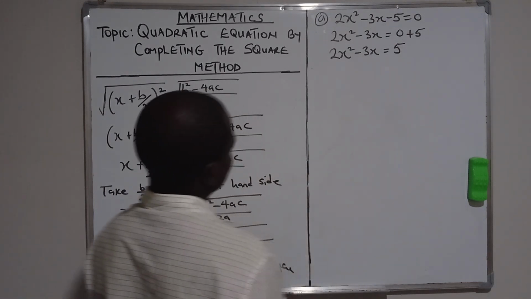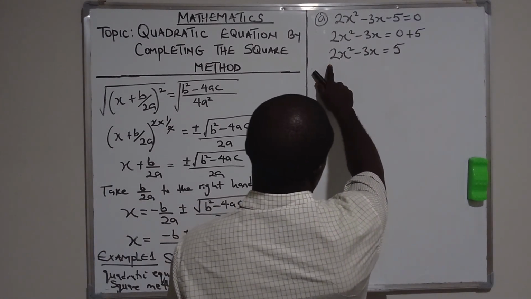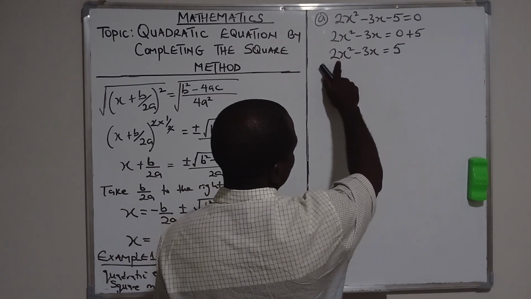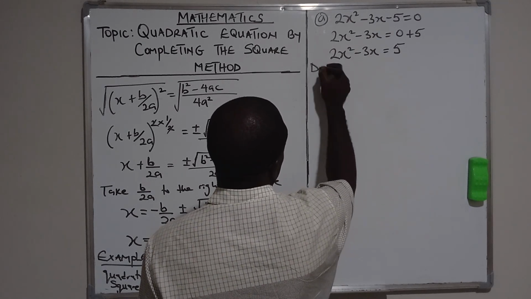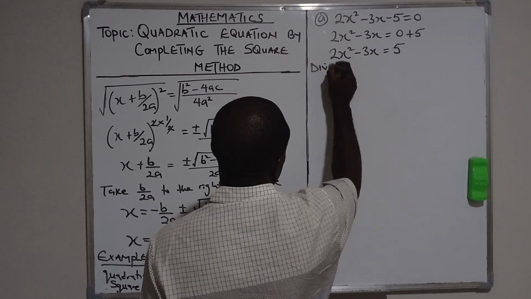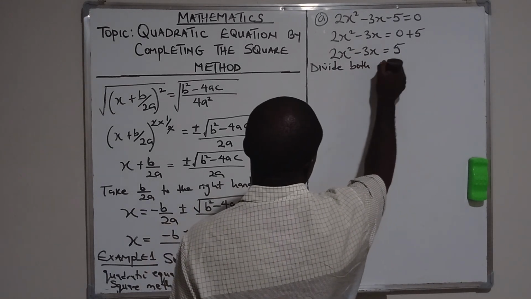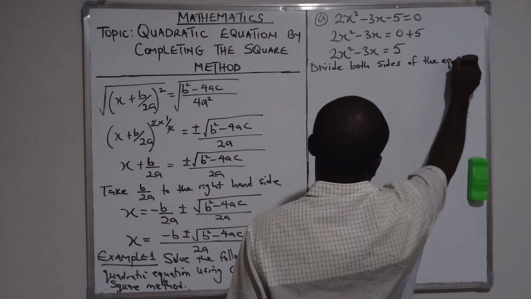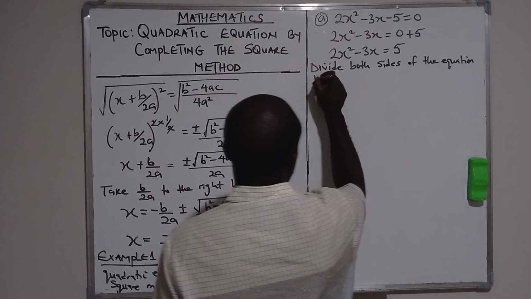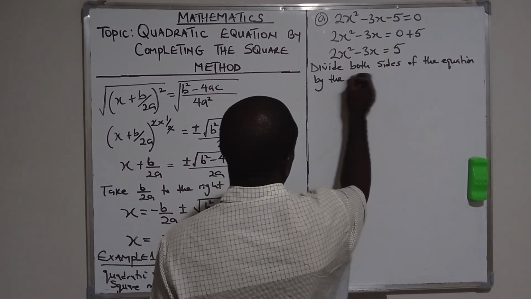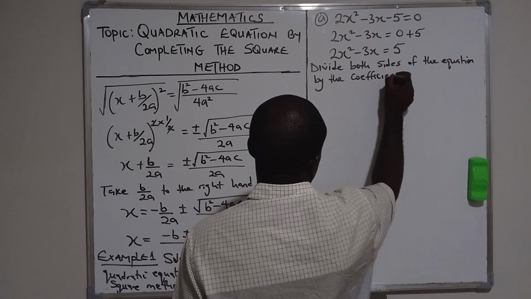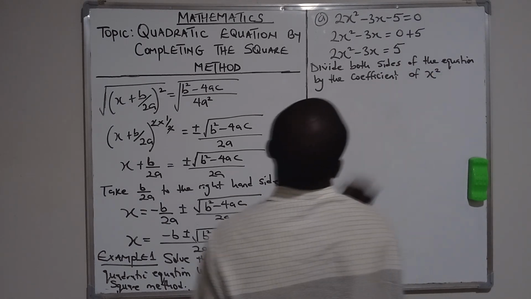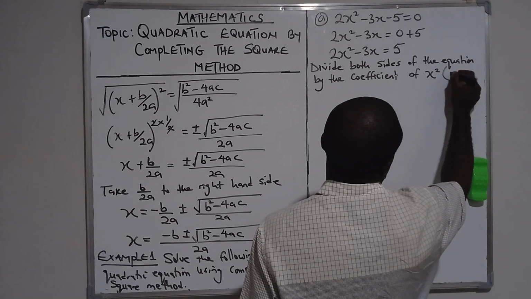Now the next thing is that you divide both sides of the equation by the coefficient of x squared so that you can remove it, and the coefficient of x squared is 2.